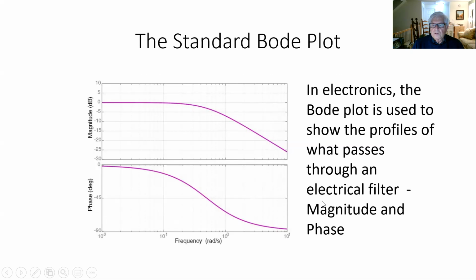And it also looks at the phase. That's the magnitude, and that's the phase. And normally at the 45-degree angle is when it crosses over between high power to low power, okay, or vice versa.